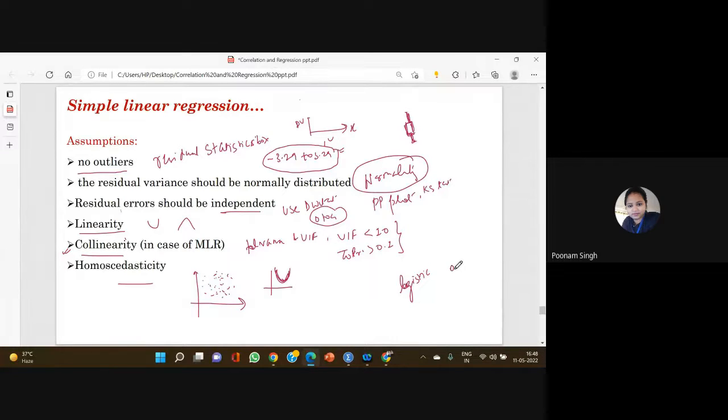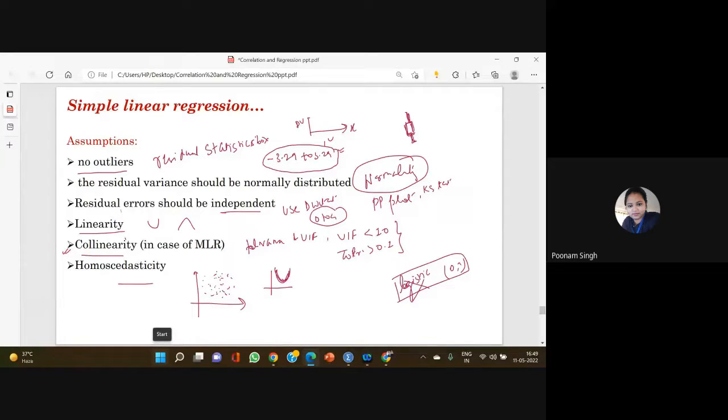It means it is coded as 0 and 1. Or if the predictor variable is categorical, then use t-test, one-way ANOVA, and there are many things that can be used. But you will not be able to use simple linear regression if these assumptions are not being met.